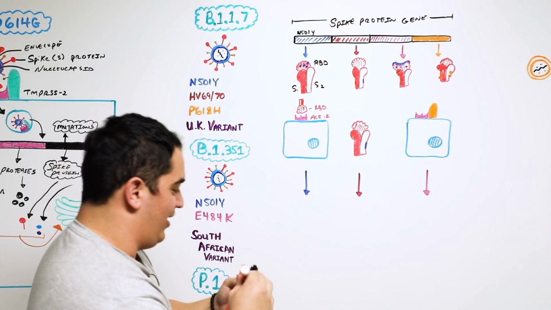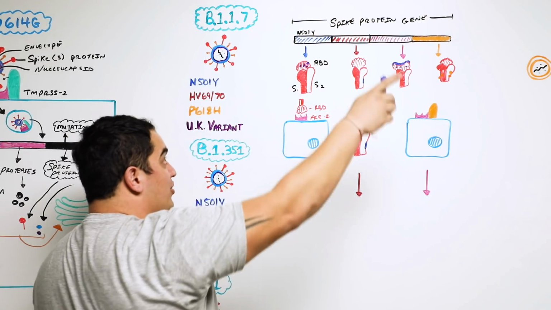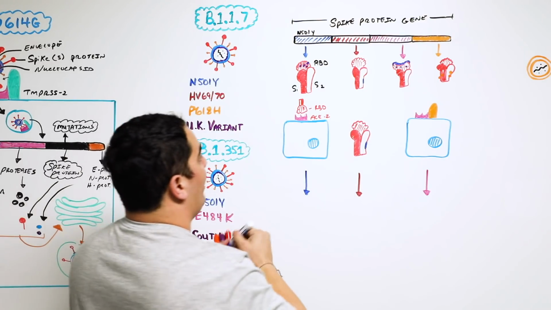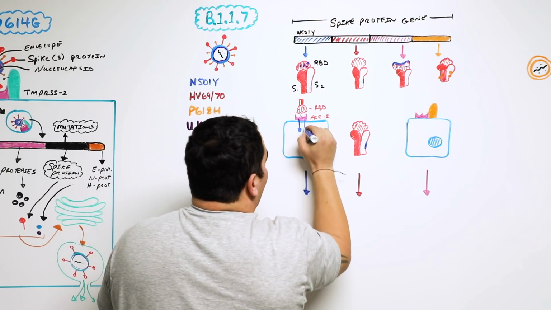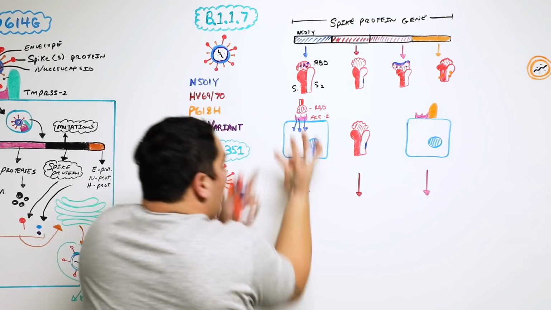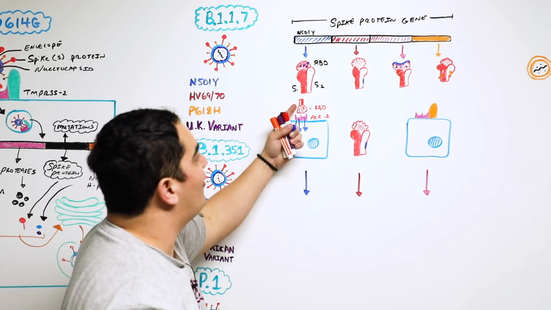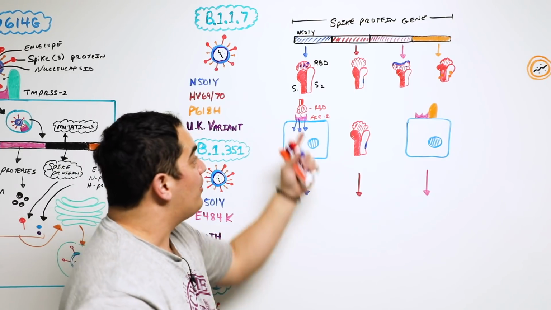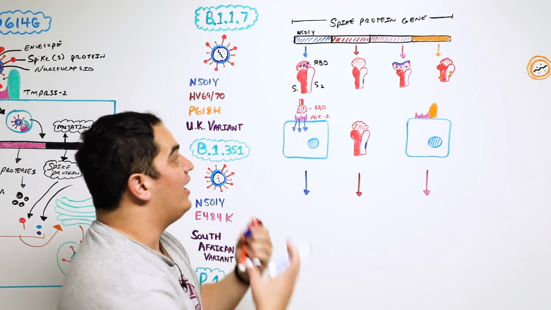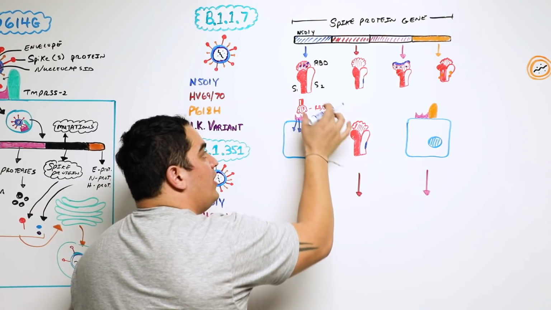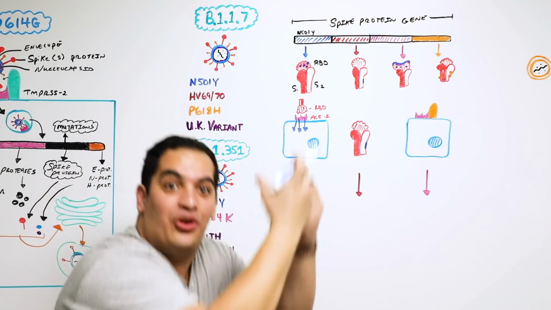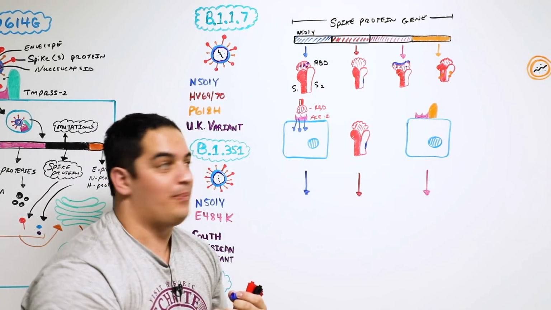This mutation in the original SARS-CoV-2 variant, particularly the UK variant, increases the entry, binding, and endocytosis of the virus into the cell. So that receptor binding domain mutation increases the affinity or interaction between the S protein and the ACE2 protein, and increases the entry of the virus into the cell.